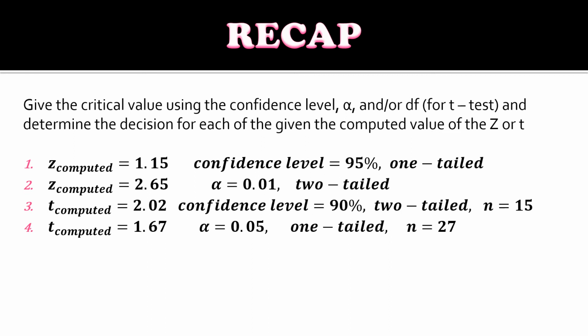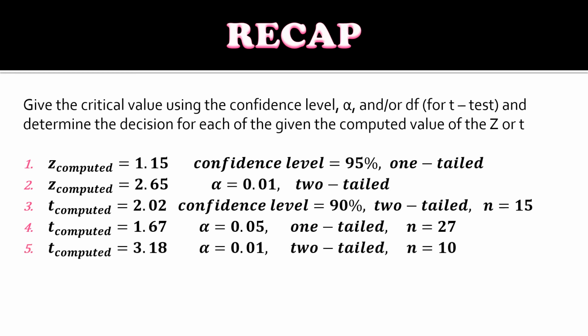Number 4, t computed equals 1.67, alpha equals 0.05, one-tailed, and sample size is 27. Next, t computed is 3.18, alpha is 0.01, two-tailed, and sample size equals 10.